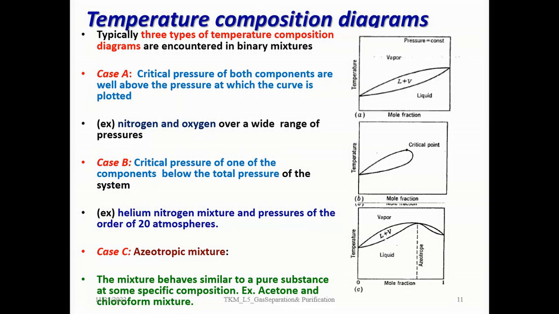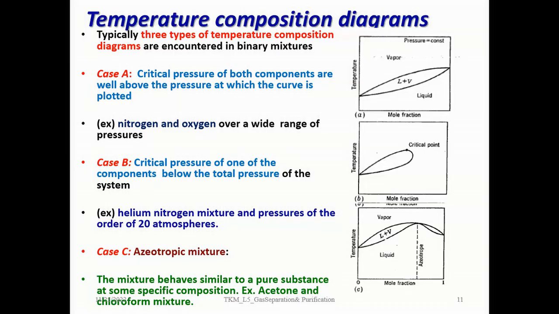Okay. Now, if you consider an azeotropic mixture, this is again a two-component mixture, but at some specific composition the liquid and vapor curves join together and the substance behaves as though it is a pure substance.